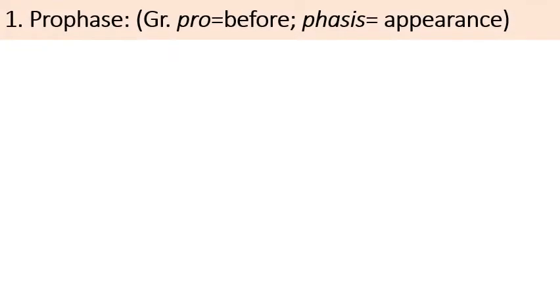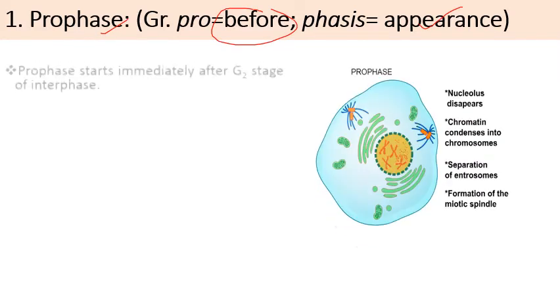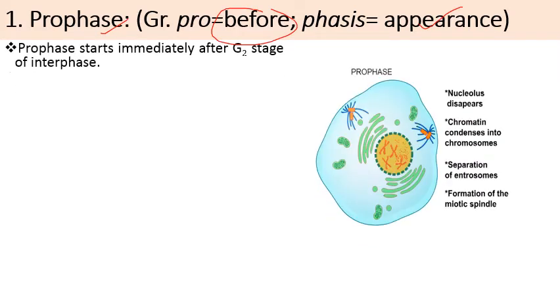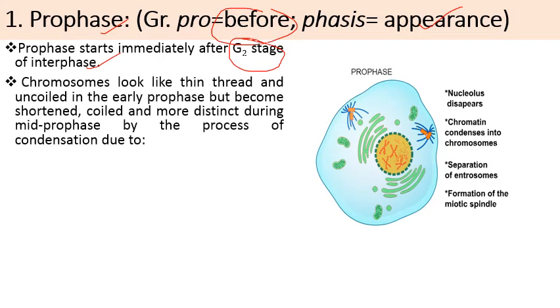So the first phase of mitosis is prophase. Pro means before, phase means appearance. This prophase starts immediately after the G2 stage of interphase, and here the chromosome looks like a thin thread and is uncoiled in the early prophase, but becomes shortened, coiled, and more distinct during the mid prophase by the process of condensation.